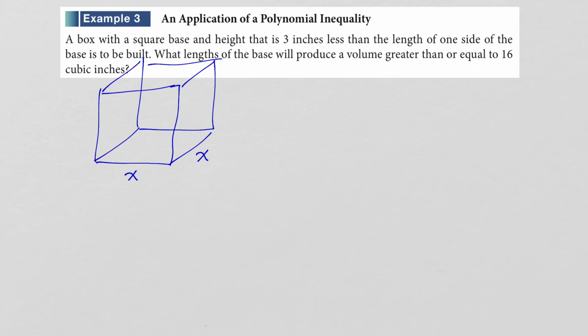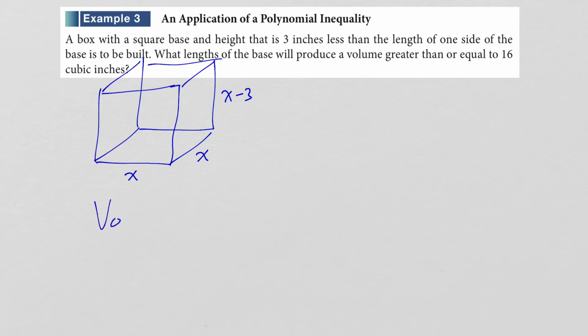And then the height of the box, they said that the height is 3 inches less than the length of one side of the base. So 3 inches less, so if these sides are both x, then this side here would just be x minus 3.